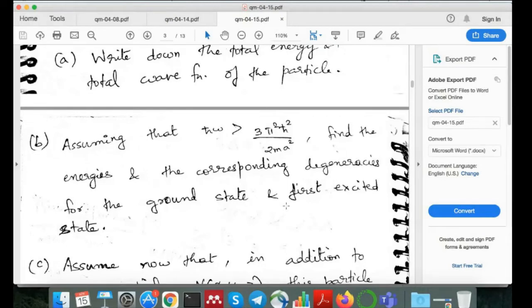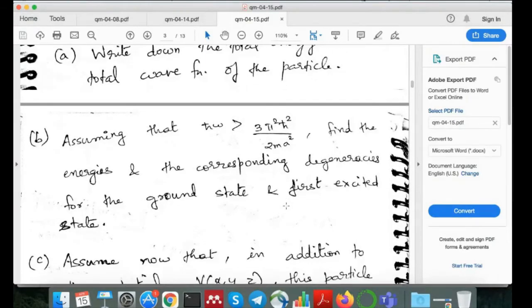I think I've also given you such a question in the quiz, for a 2D infinite square potential, where there were some degenerate states. So here too, there might be some degenerate states, and they're asking you to find out at which levels there is degeneracy and which levels do not have any degeneracy.